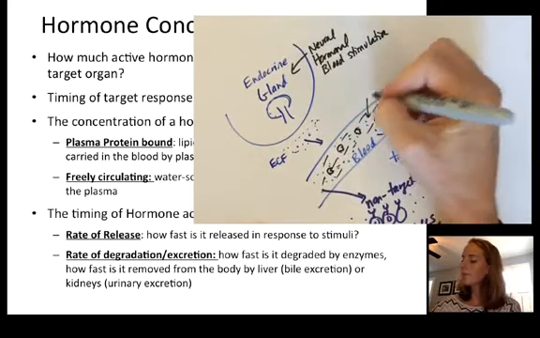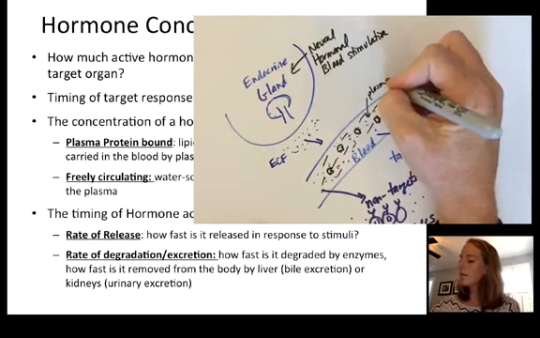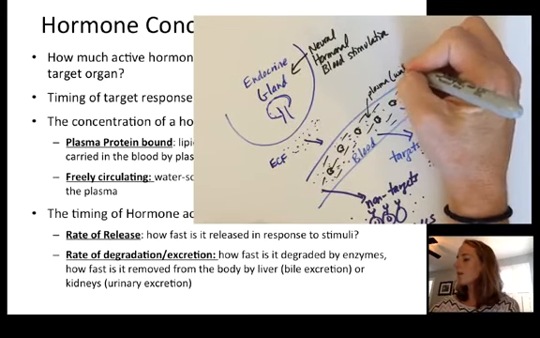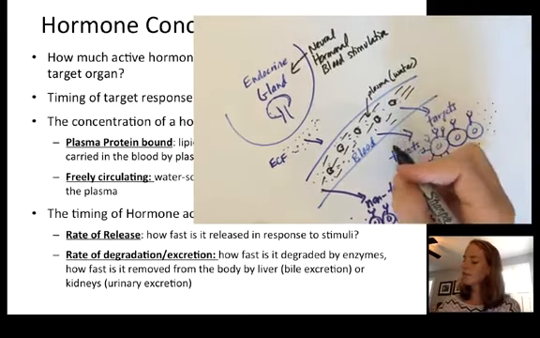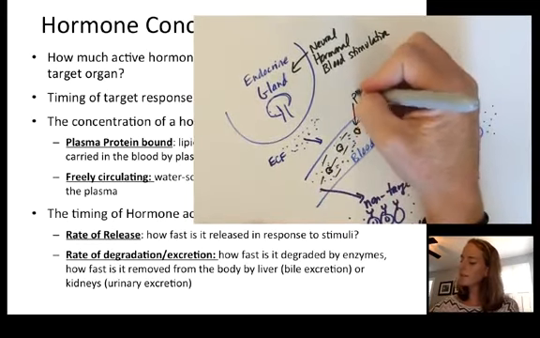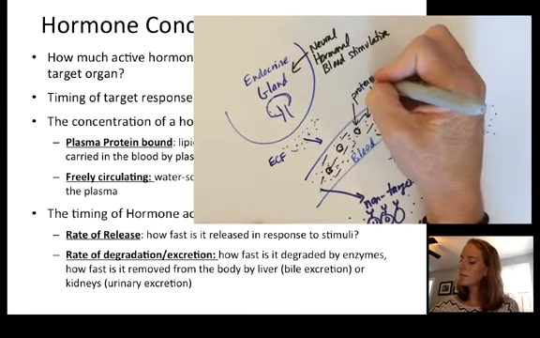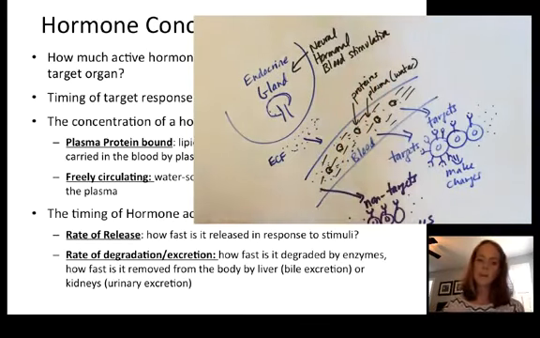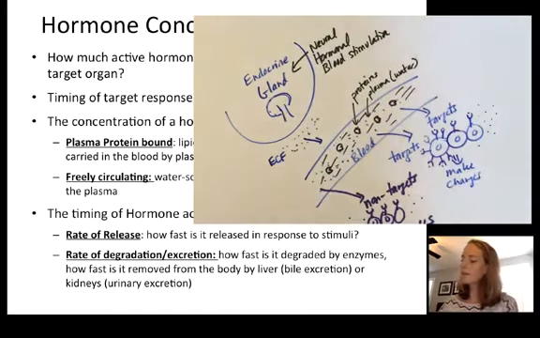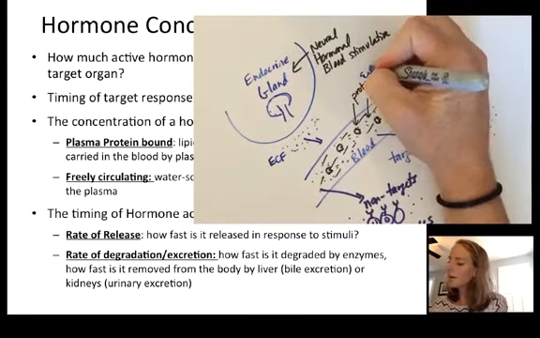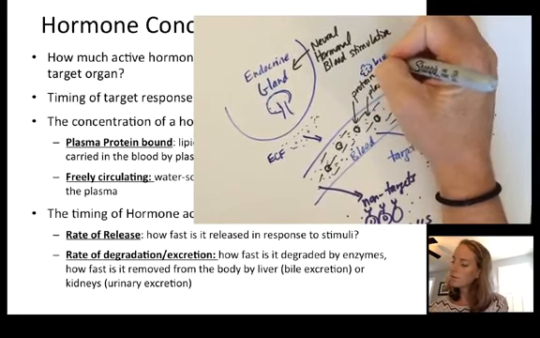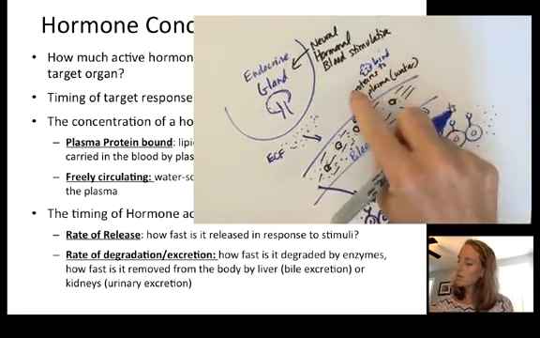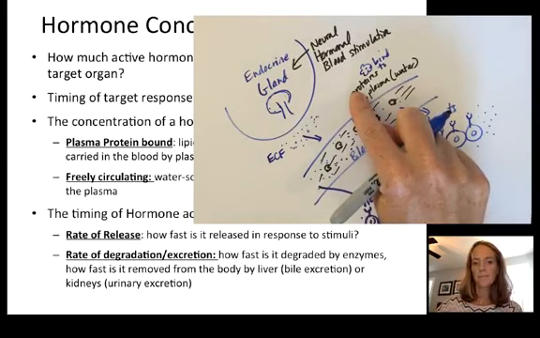the plasma. So we have plasma, which is mostly water. And then we have proteins floating within the plasma. So a lipid-soluble hormone cannot dissolve in the plasma. It's going to bind to proteins in the blood.